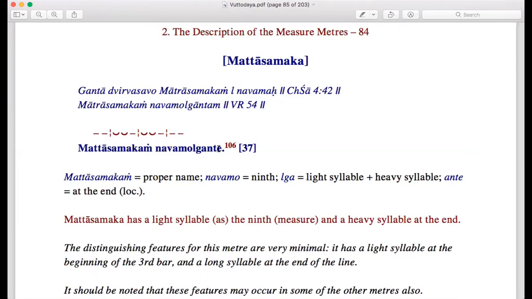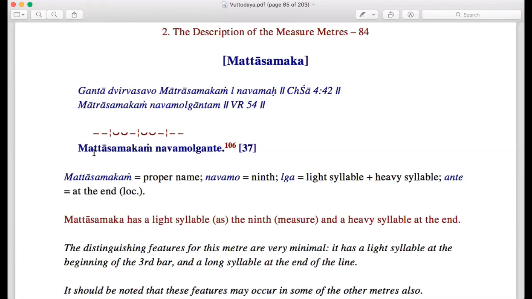Gante: ga ante, or G consonant and ante, something like ug ante or G ante. Or we can take this as ga and ante joined, so garu should be at the end. That is the meaning.